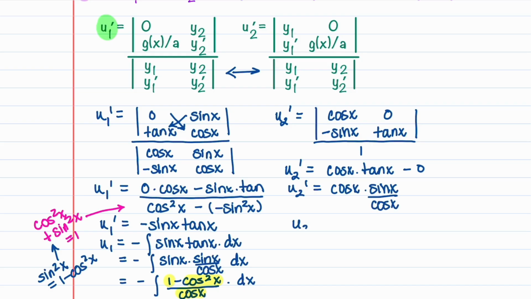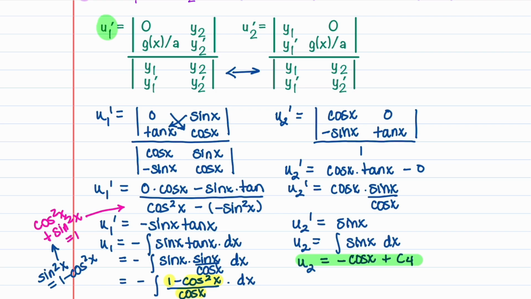We end up then with U2 prime is sine x. So U2 is just the integral of sine x. Much easier than U1. And we end up with minus cosine x, and I'm going to add on a C4.